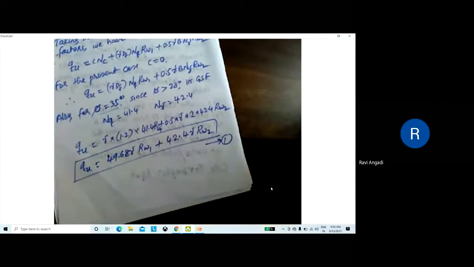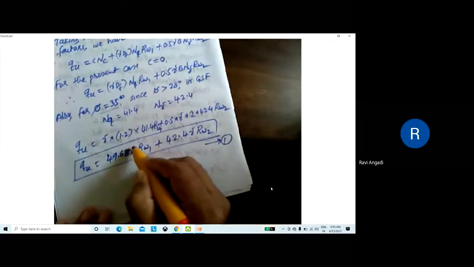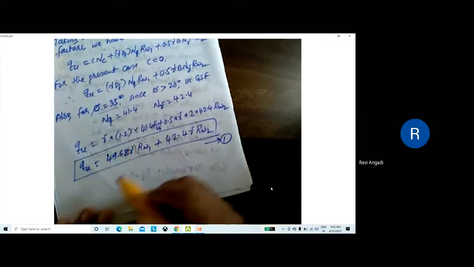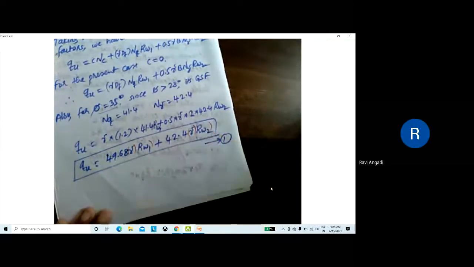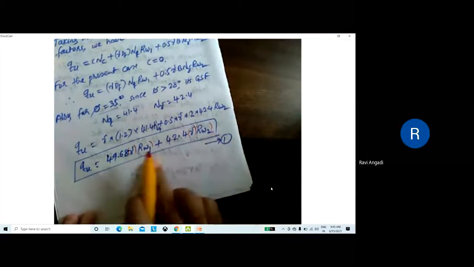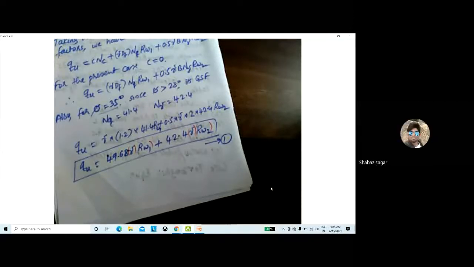Now look here in this equation. Gamma we need to take, as well as RW1, and in the second term gamma and RW2, and these are to be calculated based on the water table level. Understood, all of you? Yes.